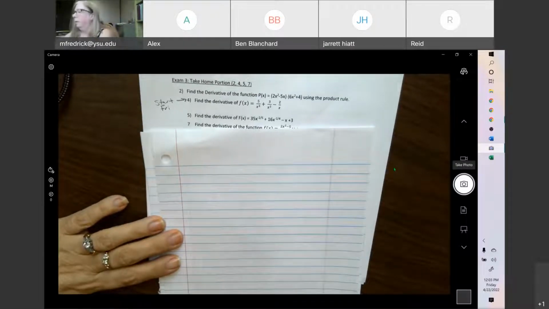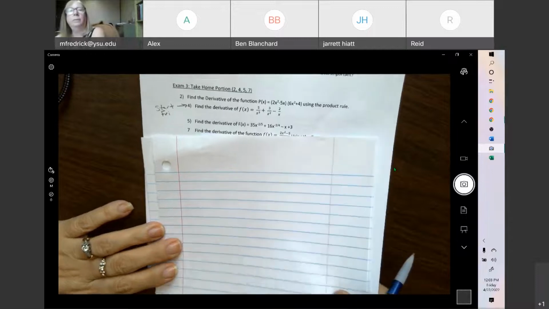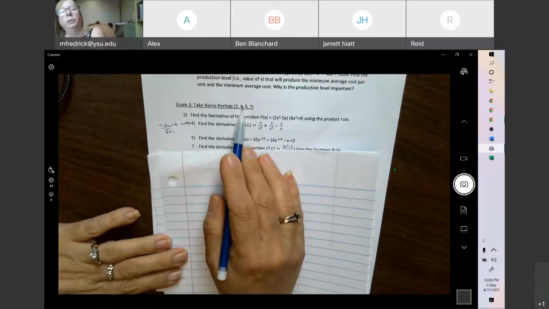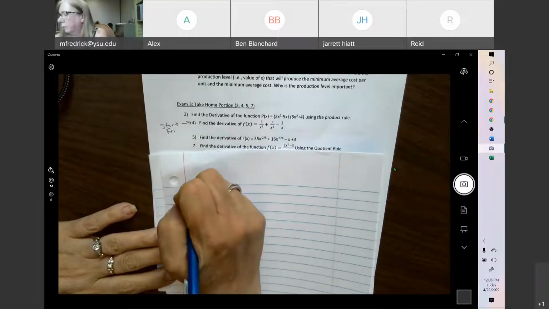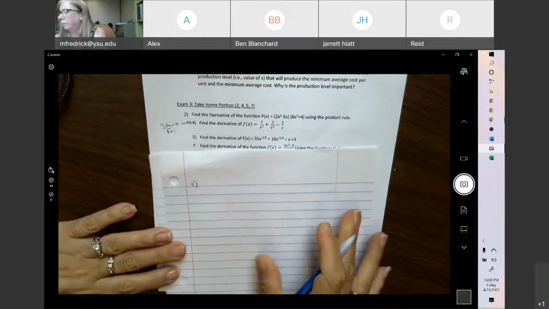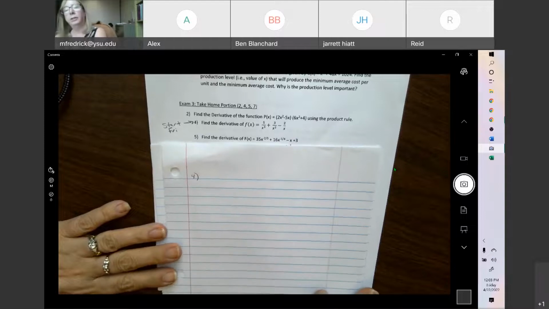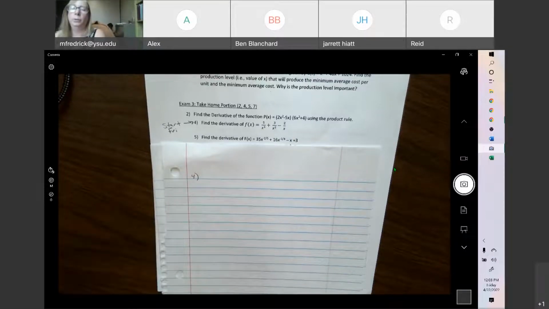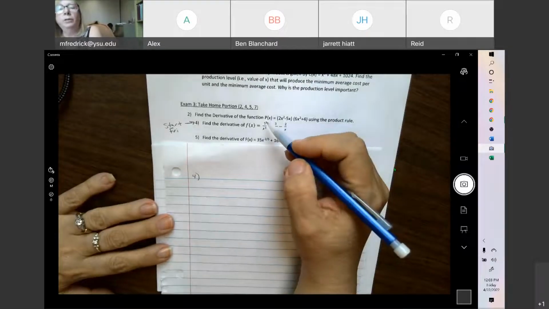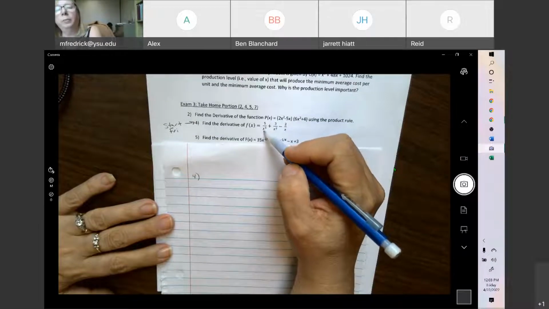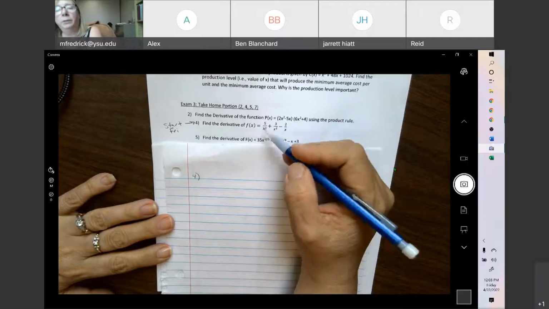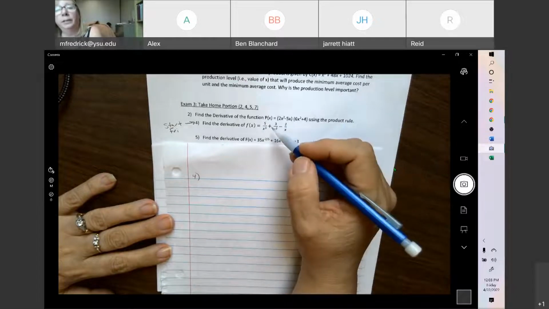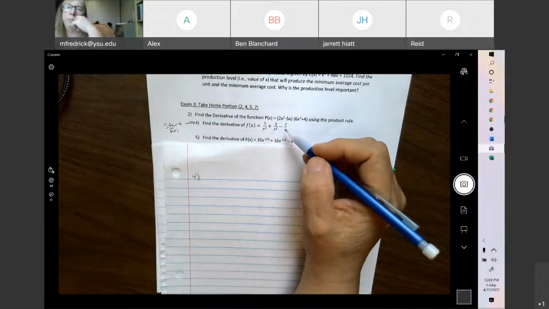We were on exam 3, take-home portion number 4. And we're just finding the derivative. When you have a fraction, normally you think quotient rule, but when it's just one term on top and bottom, you can bring the denominator up, and then you don't have to use that quotient rule for each one of these, because you'd have to do each one separately.